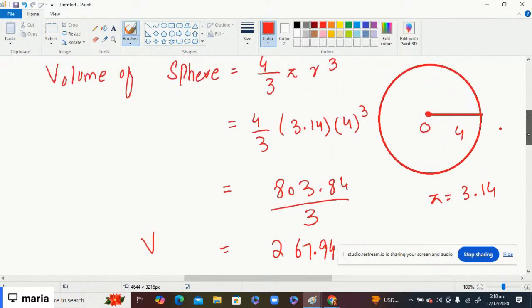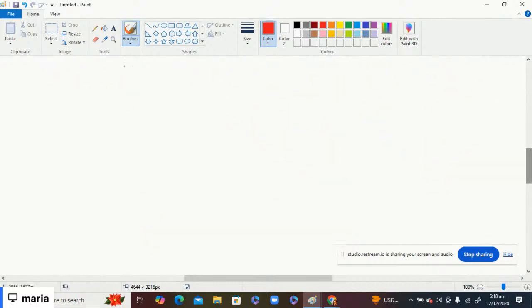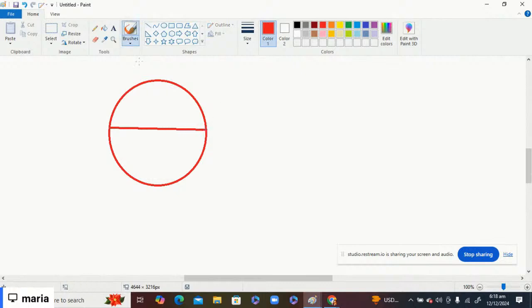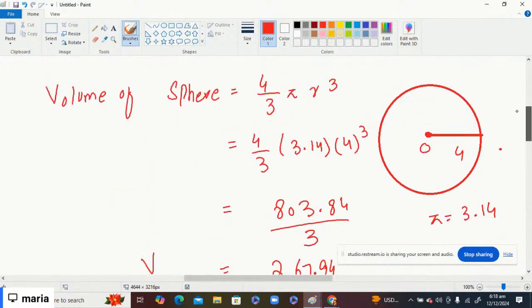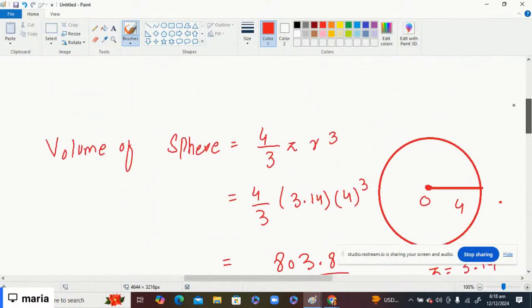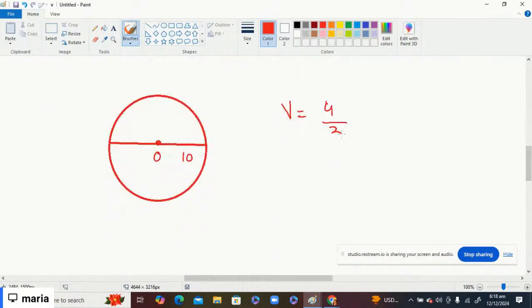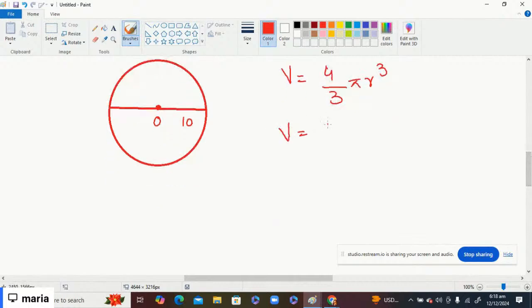Sometimes, if this is the sphere and now the diameter is given, how can we find it out? This is the 0 and this full one is given like 10. So what is the volume? Because in the volume the formula is 4 by 3 pi r cube. So how can we find it out? 4 by 3 pi, in place of this r cube what do we put?